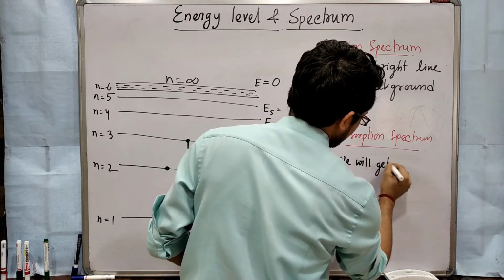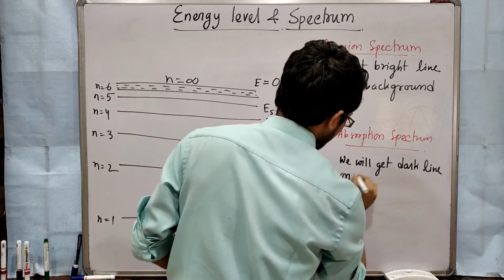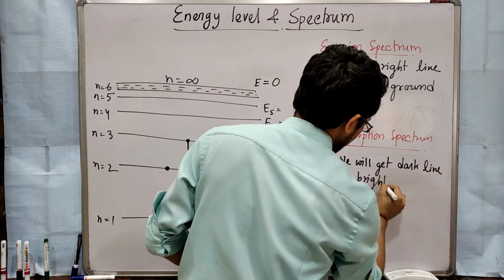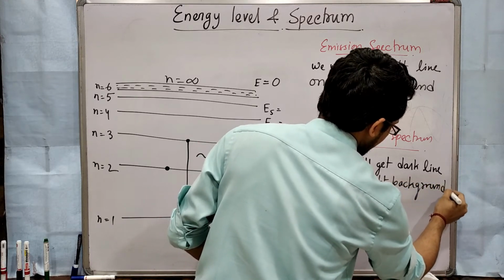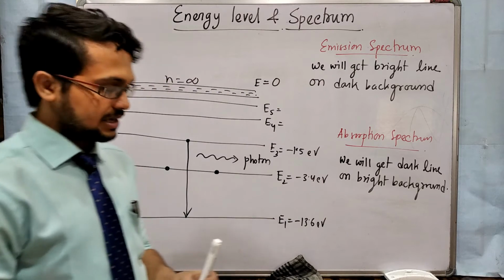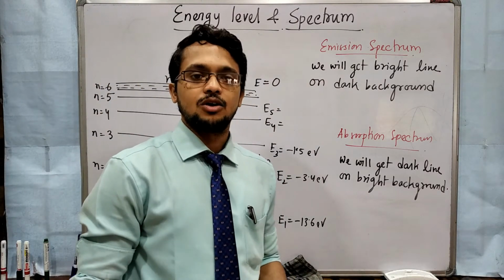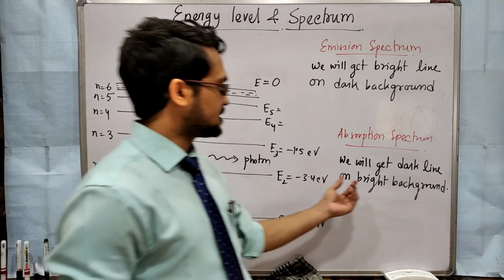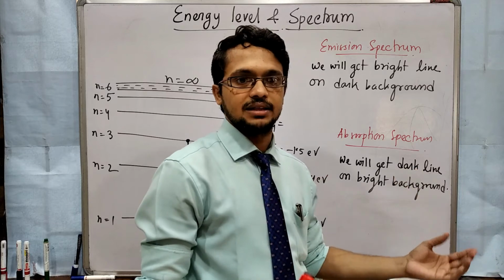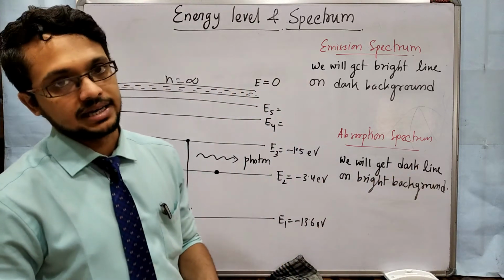That wavelength is absorbed, so it will not reach the observing screen, and that particular wavelength will be dark. So: dark line on bright background.